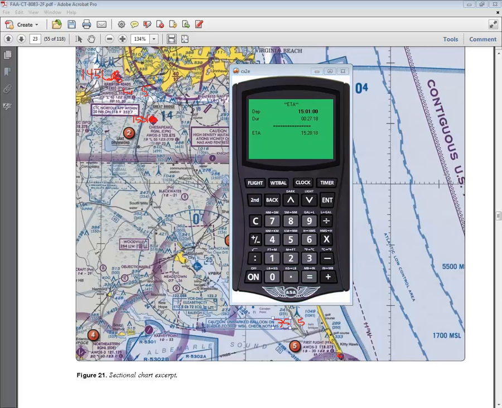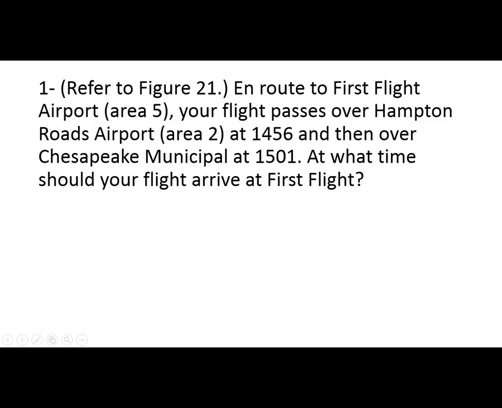And that is the answer for that question. If you come in here, you would say that you're going to be arriving here at 15:28. There you go. So that's question number 1.